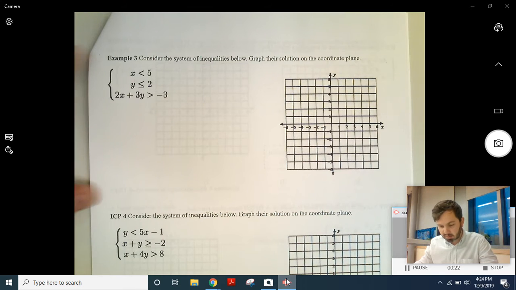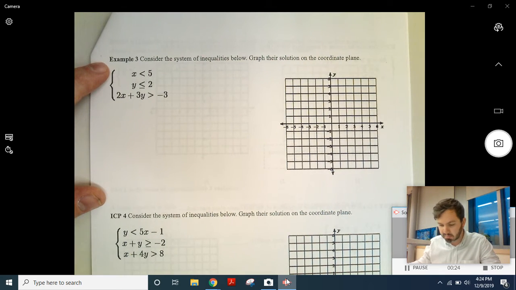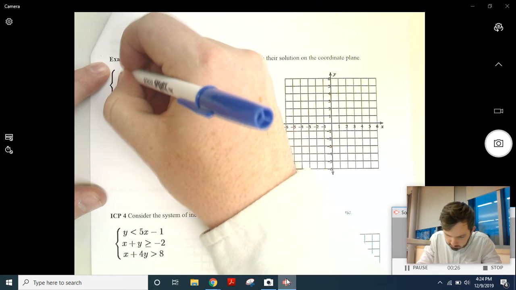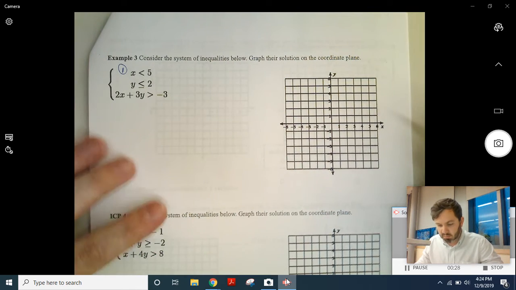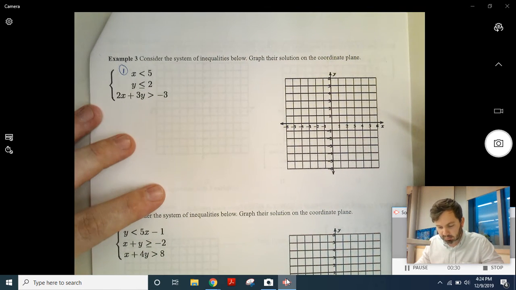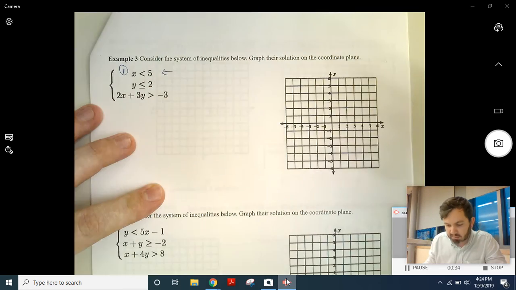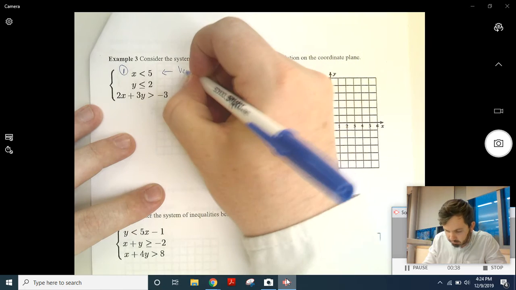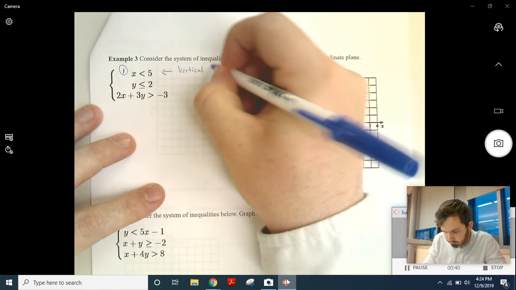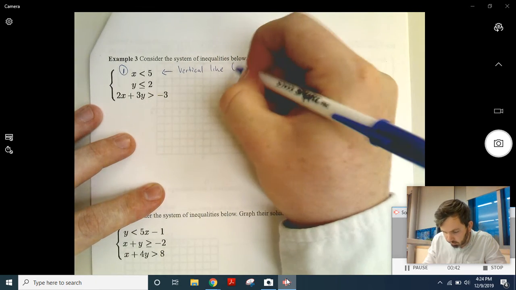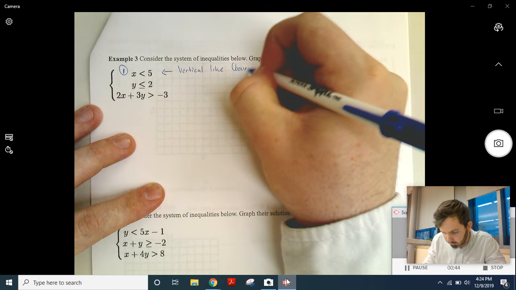All right, so let's start off with our first inequality. I'm going to do this guy in blue. First inequality in blue: we have x is less than 5. I'm just going to make a note to myself. When I have x equals a number, that is going to be a vertical line, and we're going to remember that this is a boundary.